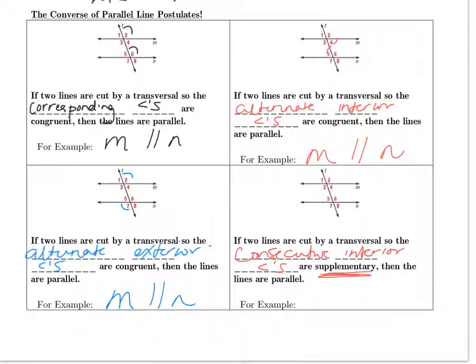So if we have angle 4 right here and angle 6 right here, if they equal 180, then we know that M is parallel to N. And that goes for also on the left side, 3 and 5. If they are supplementary, then M is parallel to N.